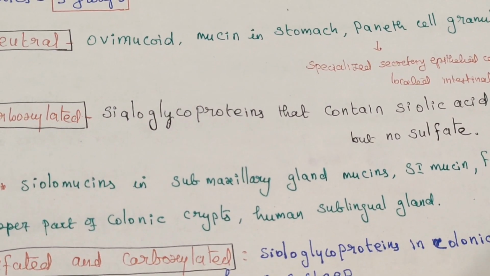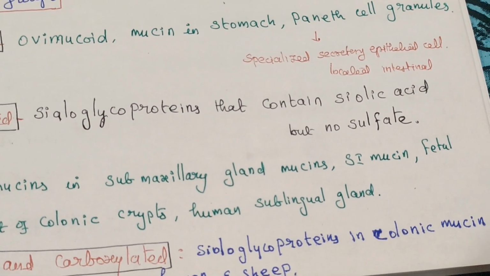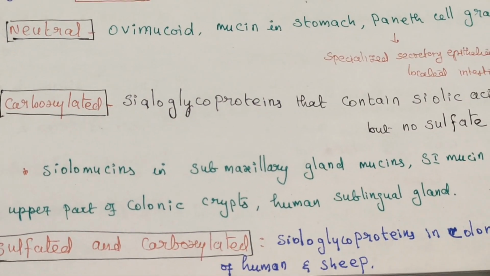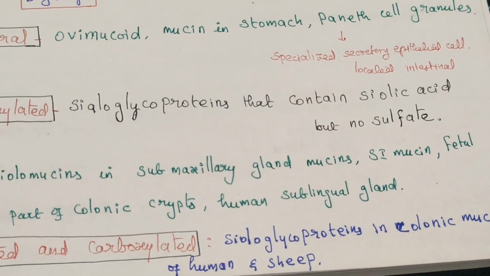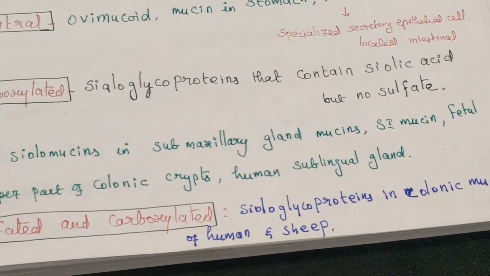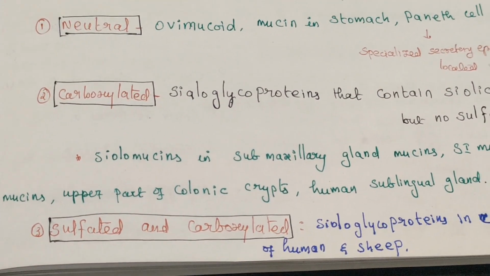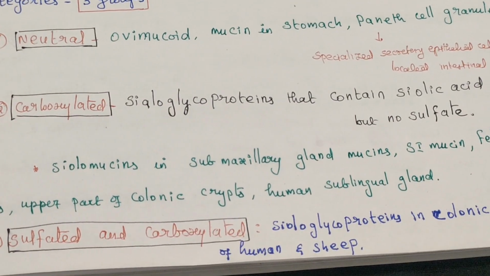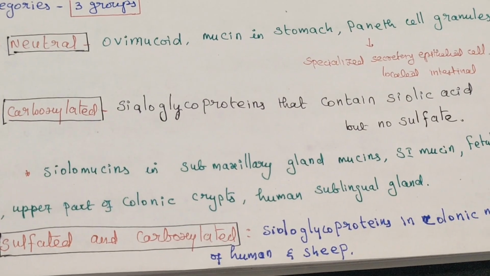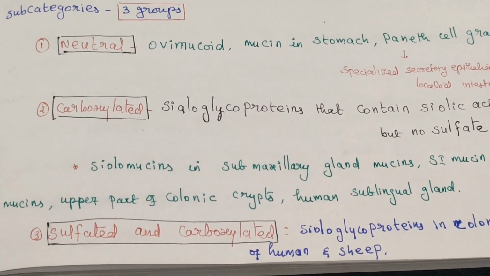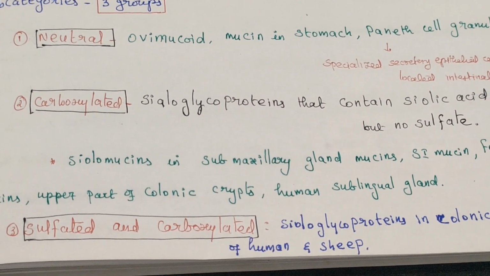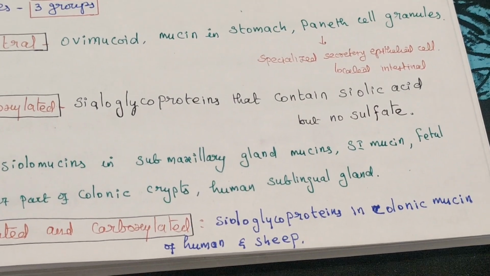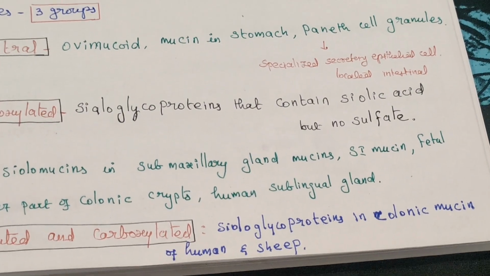These include submaxillary gland mucin, small intestine mucin, fetal mucin, the upper part of colonic crypts and the human sublingual gland. The last one is sulfated and carboxylated, the glycoprotein in colonic mucin of human and sheep.